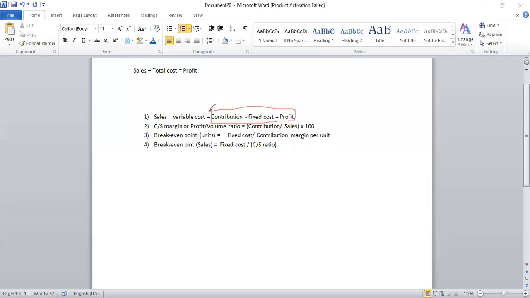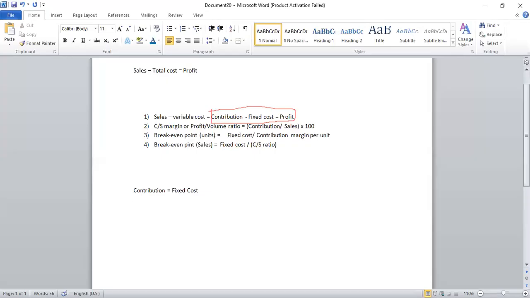If profit is equal to 0, it is a point where contribution is exactly equal to fixed cost. That is the logic. This is a situation where contribution is equal to fixed cost because profit is equal to 0. So when we equate contribution and fixed cost, that is the point where it breaks even.